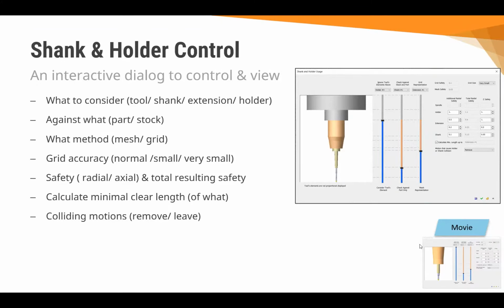It has better safety for different parts, better accuracy for machining for good surface quality, and it has a good minimal clear length as well for calculating the best cut. And again, we can generate this with collisions in mind, so we have that safety assurance within the part.